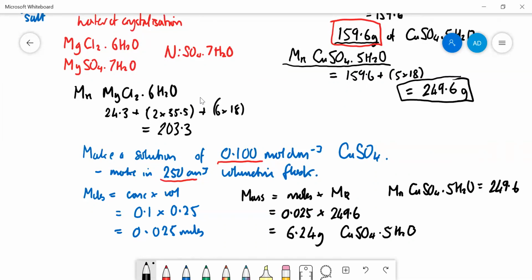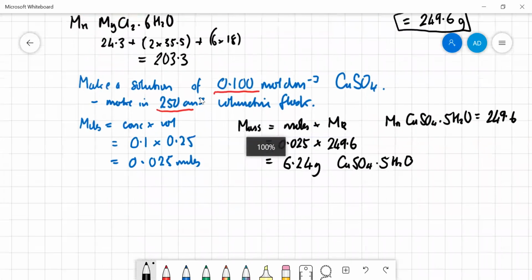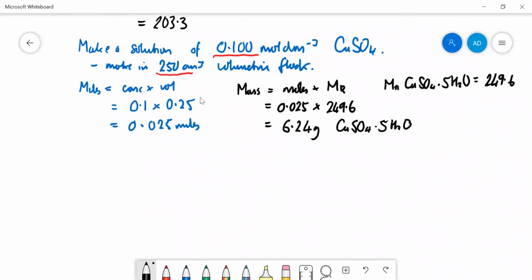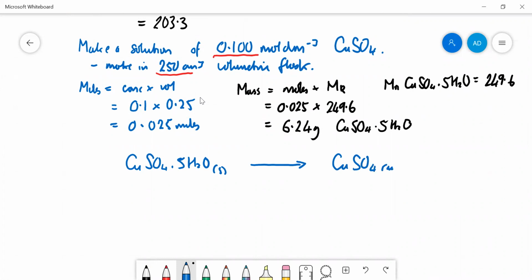Now, let's just think here. I've got copper sulfate dot 5H2O solid, and I'm going to dissolve that in water. So it's going to go to CuSO4 aqueous, and those water molecules are going to be released, aren't they?